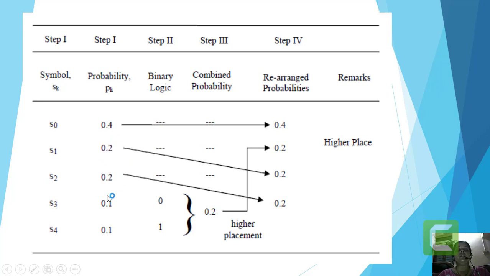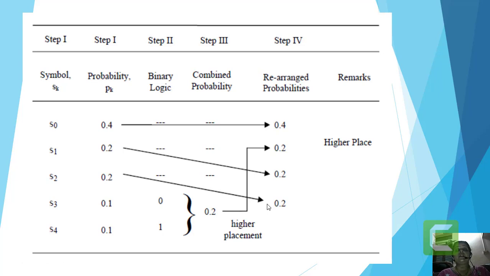You can write it at the lower place also, but the consequences of the placement will be different, which we will discuss later. So we are placing this combined probability at the higher place, and this will be our fourth step.